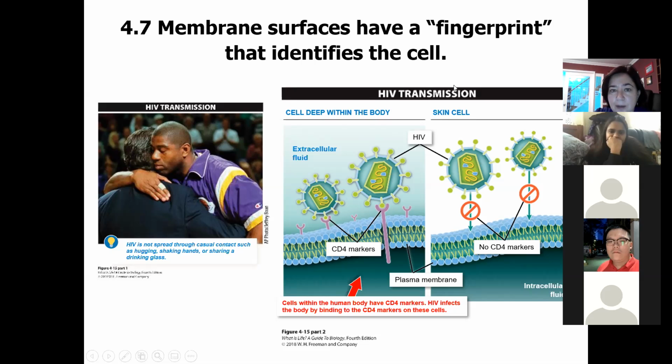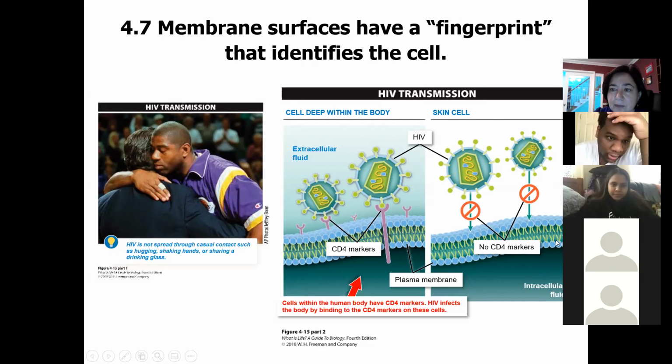Okay, this is a cellular HIV transmission diagram. You know, what does HIV stand for, guys? Human immunodeficiency virus.